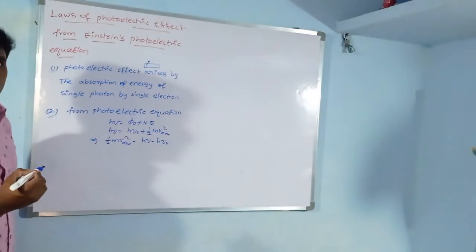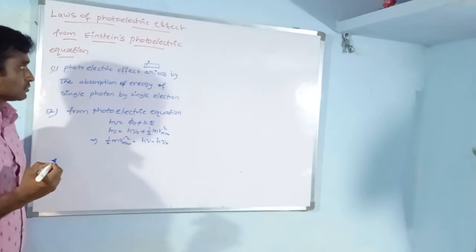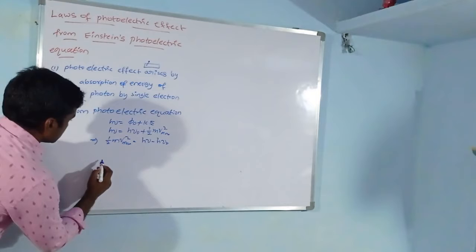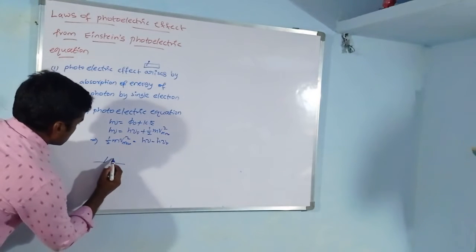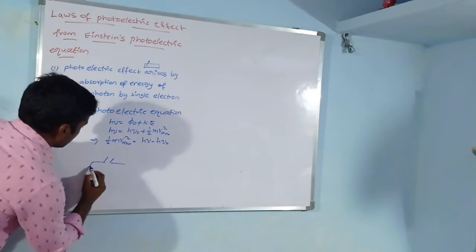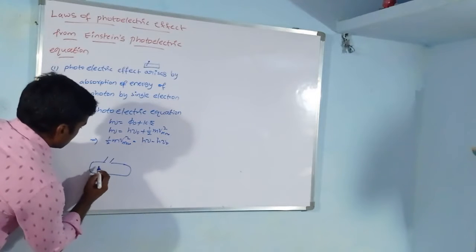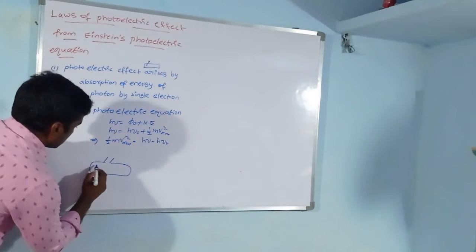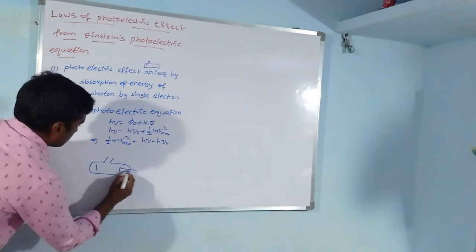Now we apply this in the Lenard experiment of photoelectric current. These are the two metal plates.